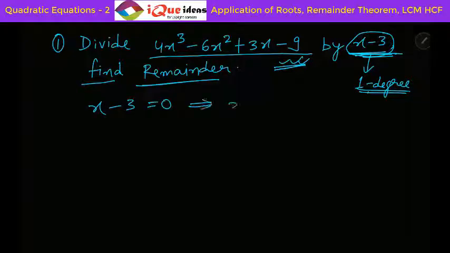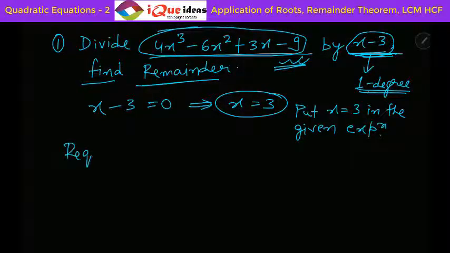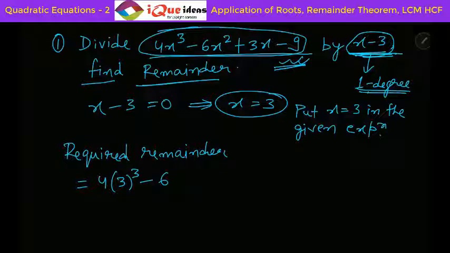From here we get the value of x equal to 3. So we put x equal to 3 in the given expression. Now the given expression is this one. Just put x equal to 3 in this, and you will be able to calculate your required remainder. So the required remainder is equal to 4x cube, that means 4 into 3 cube, minus 6x square, it is 6 into 3 square, plus 3 into 3, minus 9.